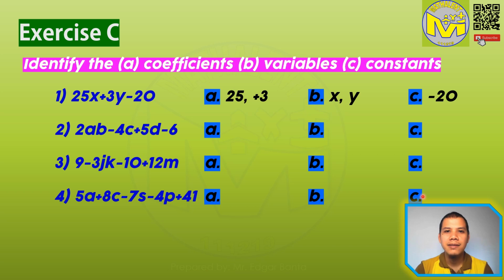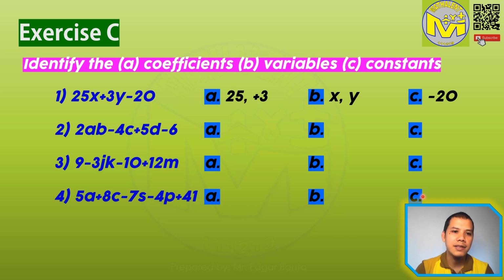How about a? The coefficient of a is also 1. Any letter or variable that you cannot see a number in front of, it means the coefficient is 1. Any letter. Got it? But whenever you see a number before a letter or a variable, that is the coefficient of it.